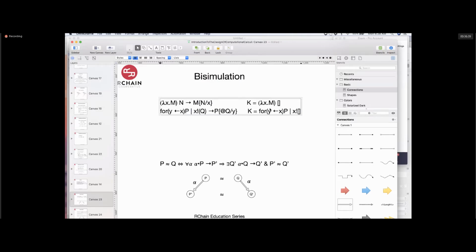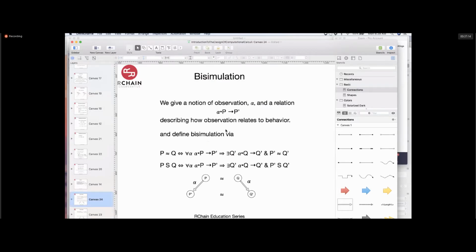Time willing, for this class I want to talk about a specific fragment of computational calculi that are described in this way. But to stay focused on what we're talking about here, since these contexts are clearly related to the evolution, and if I go back to my definition by simulation, how about I simply take the context as my observation?